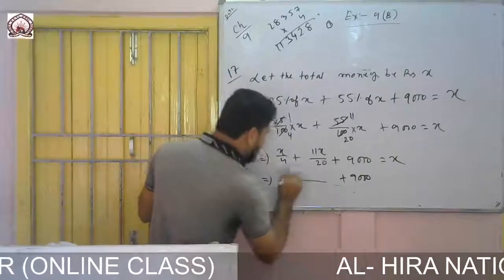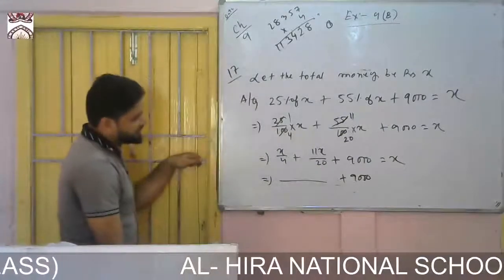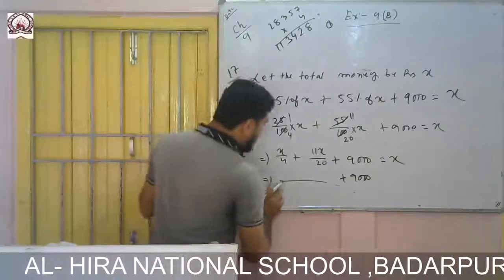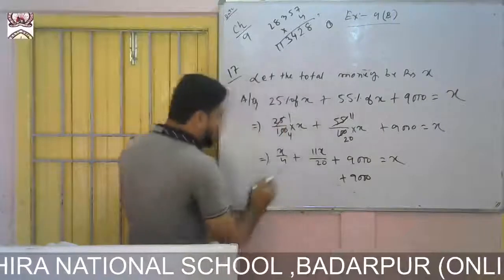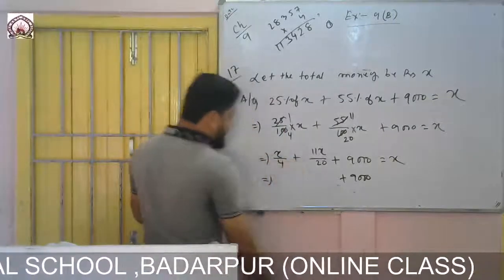So if I take the LCM of 4 and 20, you first make the denominator the same, for X by 4.